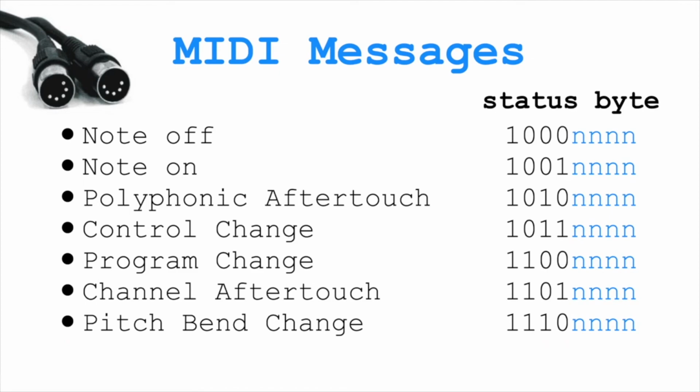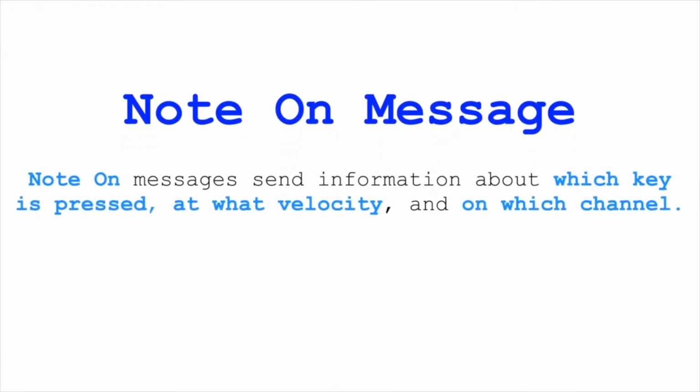And the 3 bits that were available for the message are specifying things like note off, note on, polyphonic aftertouch, control change, which we're going to come to, program change, channel aftertouch, and pitch bend change. So as we mentioned previously, the note on message consists of 3 bytes of data.